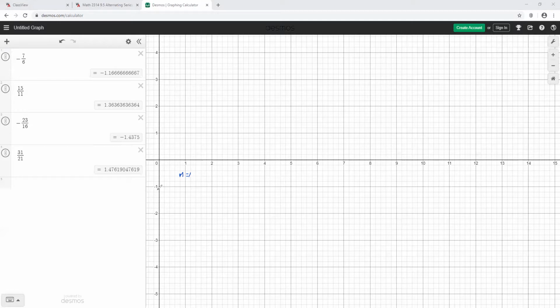So negative 1.16 is approximately in here. It's a negative number, and so therefore it's underneath this axis. The next term is when n equals 2, the second term of our sequence, and because it's alternating, it's positive, and it's 1.36. So here's 1, 1.2, 1.4, 1.36 is right in here somewhere.